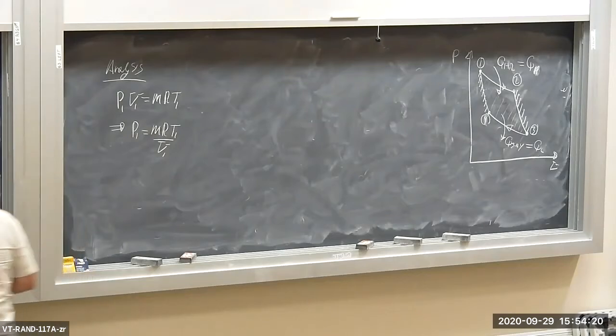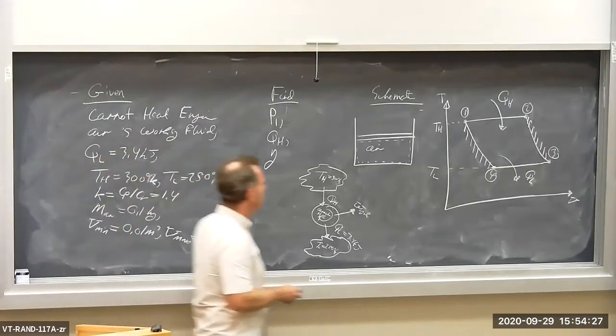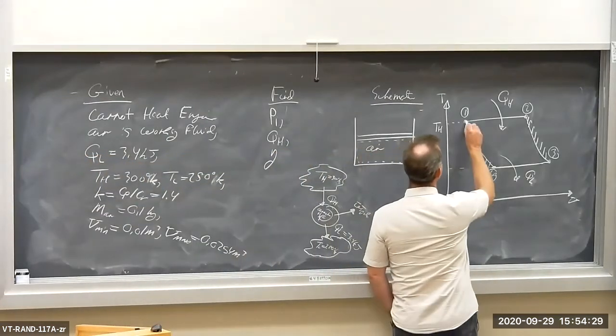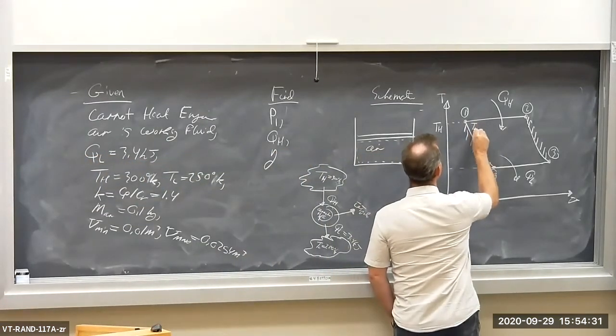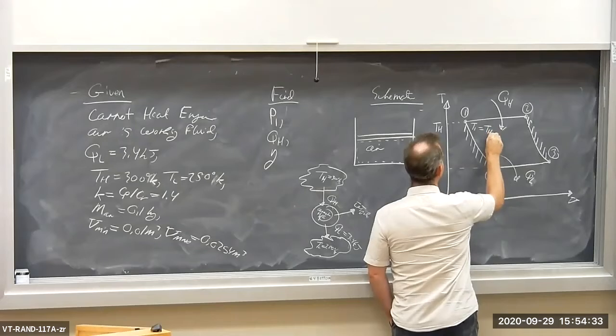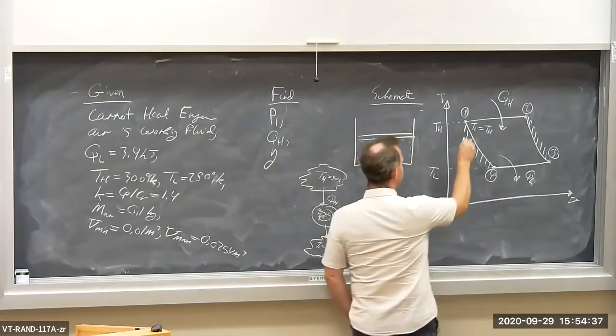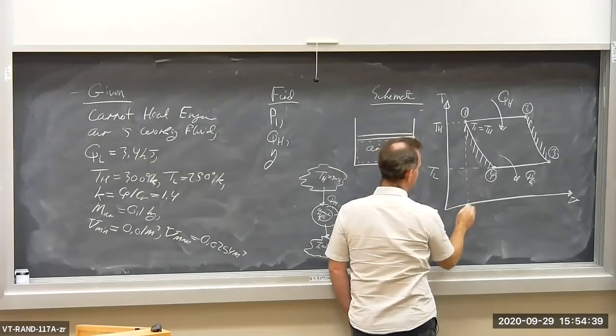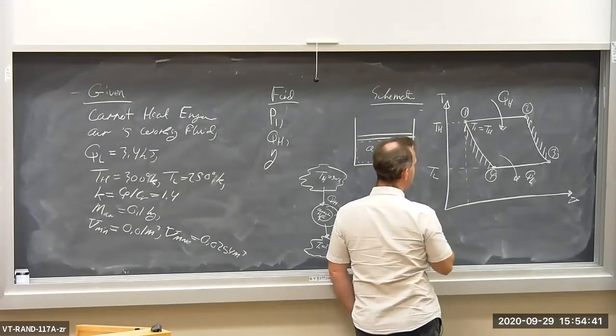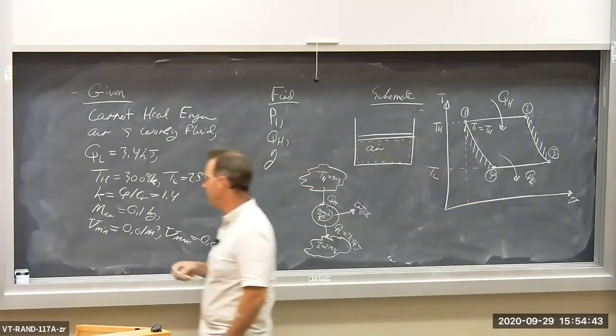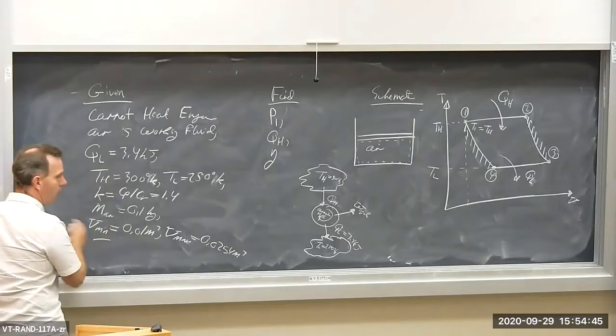Let's go back to our TV diagram and see if we can figure out what T1 and V1 are. T1 is equal to T high. That's the high temperature. What about V1? Well, that's the minimum volume in the cycle. We're given the minimum volume in the cycle.